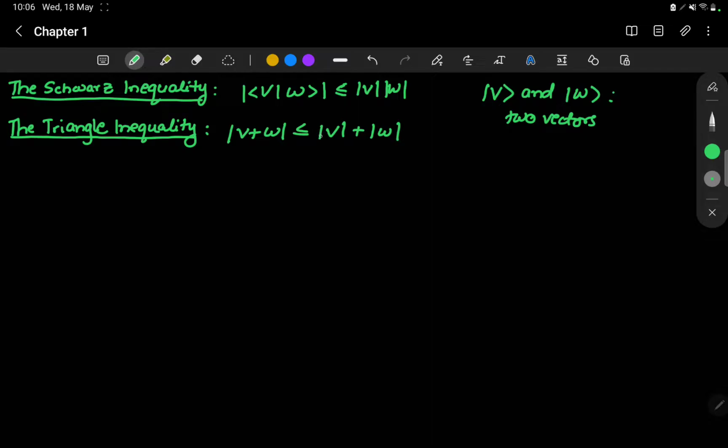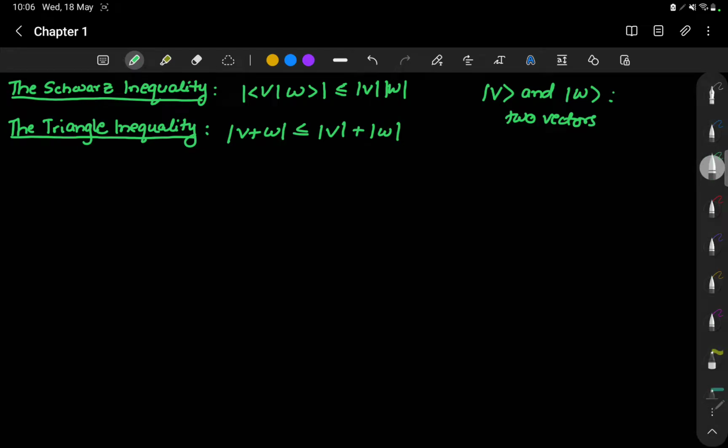This sum of the individual magnitudes will be greater than or equal to the magnitude of the sum. Also, for the Schwartz inequality, the product of the individual magnitudes would be greater than or equal to the magnitude of the inner product. So these are the two inequalities that we have.